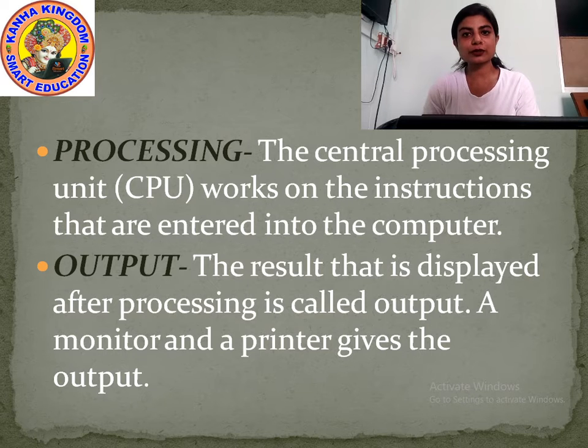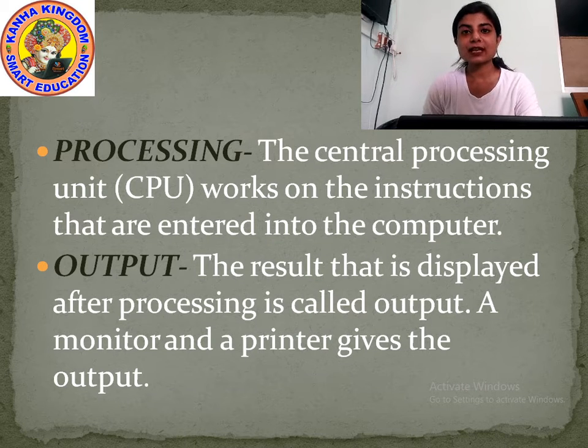After the work is done inside the computer, what will you get? You will get the result of what you have input. The instructions that you have given will be processed in the CPU and later on it will give you the result in the form of output.